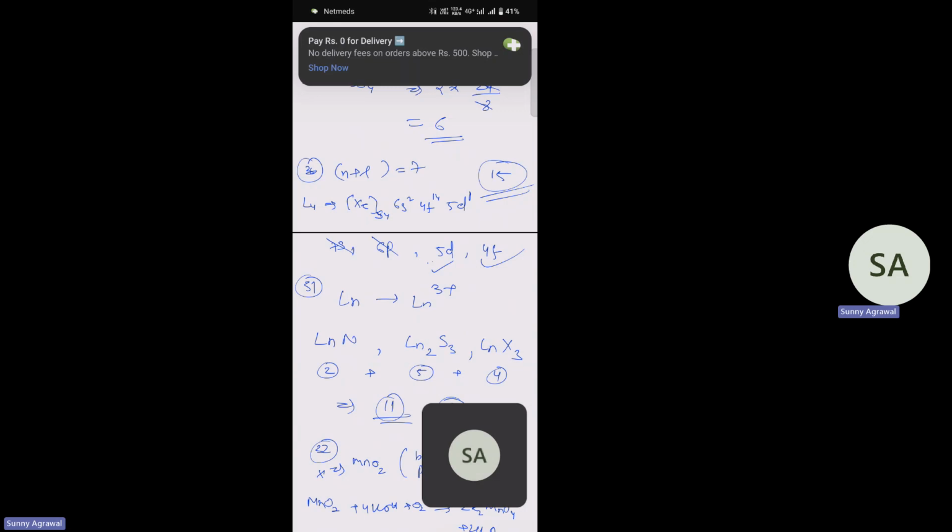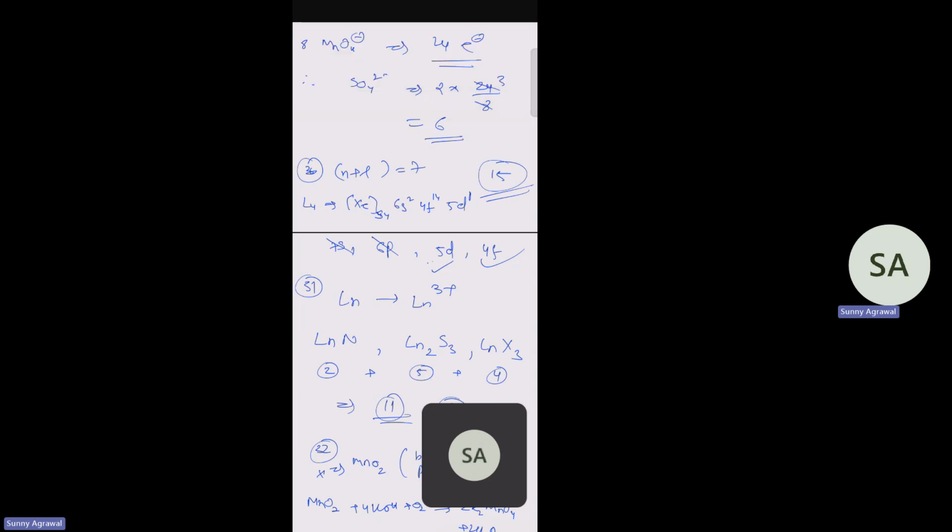So there are two subshells where electrons are filled: one is 4f and the other is 5d. In 4f we are filling 14 electrons, in 5d we are filling 1 electron. So the total number of electrons filled is 15, which satisfy this n plus l value equals 7 for the configuration of Lu.